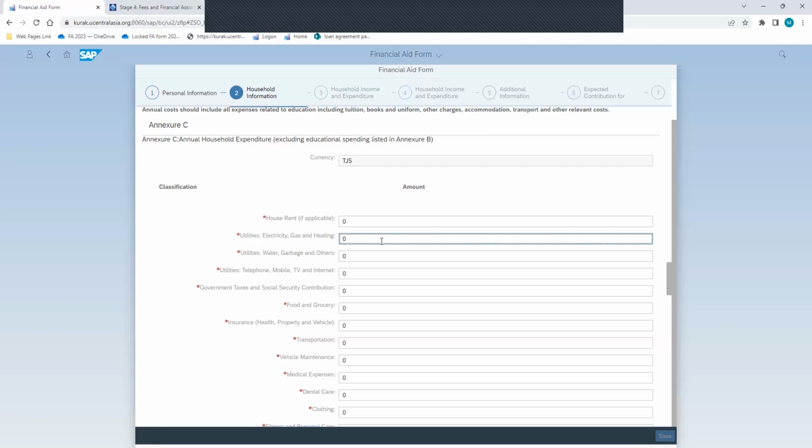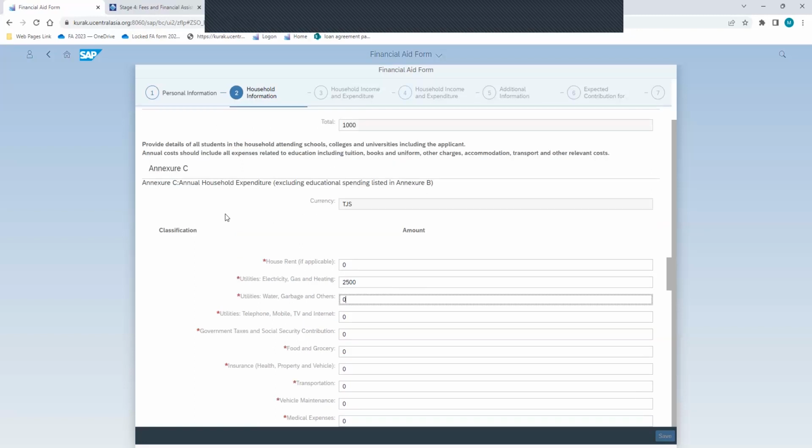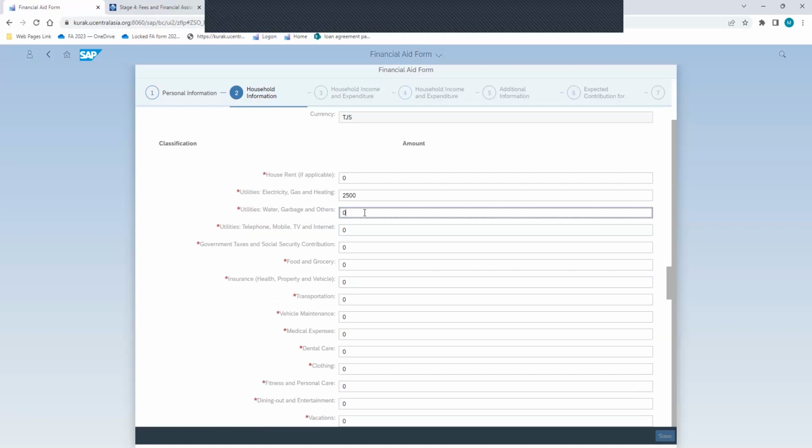So assume that I'm paying for the electricity somewhere around 2,500. Please bear in mind that this is annual. It is asking for the annual household expenditure, so that's why I'm writing down this amount. Let's assume that for water and so on I'm paying 500. Utilities, phones, mobile, something like that might be 250.